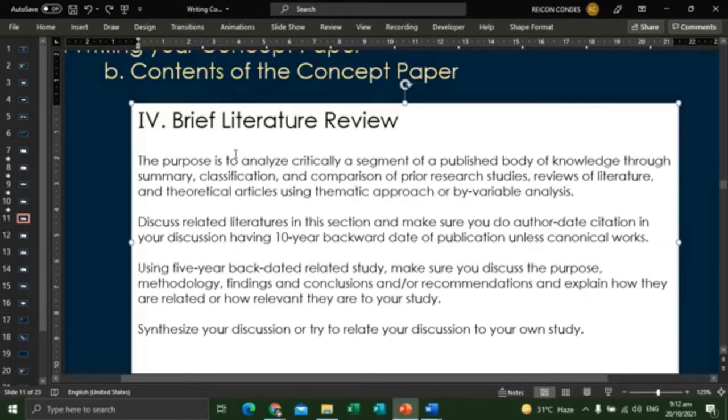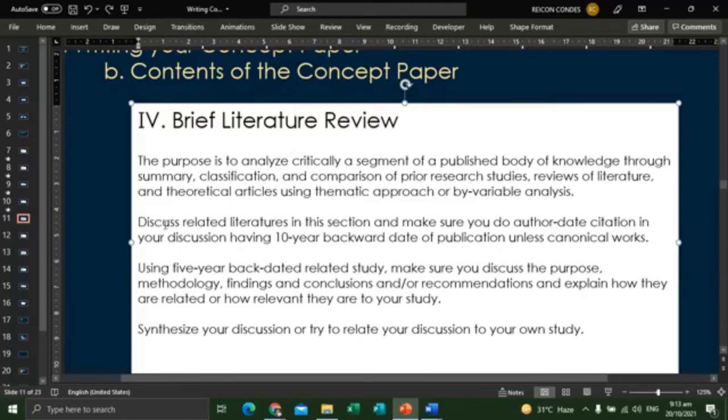So, ang nandito sa brief literature review ay ang inyong mga binasang studies and books. So, ang purpose nito ay i-analyze ninyo ano yung content, ano yung sinasabi nila. Critical analysis ninyo using yung ating mga pinag-aralan na critical approaches, di ba?